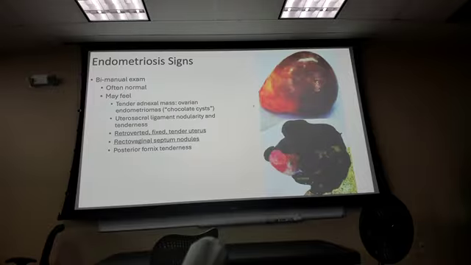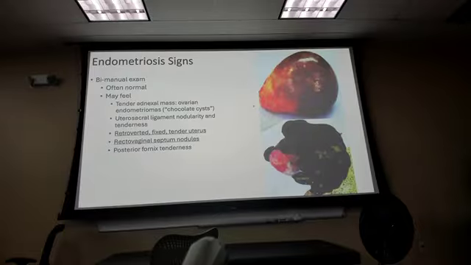Sometimes if you do a rectovaginal exam, you'll actually find what feels like little BBs, okay, but you can feel the septal nodules. You can feel some ligaments and some septal nodules back there. Kind of a weird feeling. I've never felt that, but that's what the literature says that you can feel.